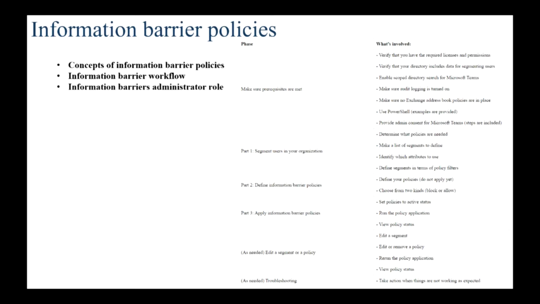Now, when information barrier policies are in place, people who should not communicate or share files with other specific users won't be able to find, select, chat, or call those users. With information barriers, checks are in place to prevent unauthorized communication. Initially, information barriers apply to Microsoft Teams chats and channels only.